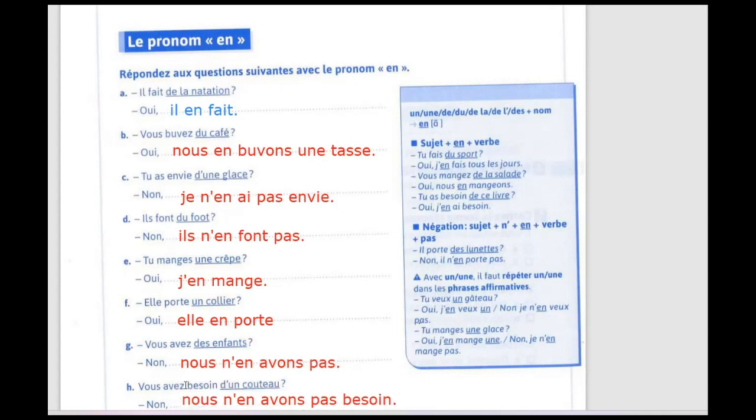Vous avez besoin d'un couteau, of one knife? Non. Nous n'en avons pas besoin. We do not need it. You know, there's no need of it like that. Okay, so it will come with practice again. Il faut le pratiquer. I have already shared one book in the beginning. So oui, vous pouvez pratiquer de là.